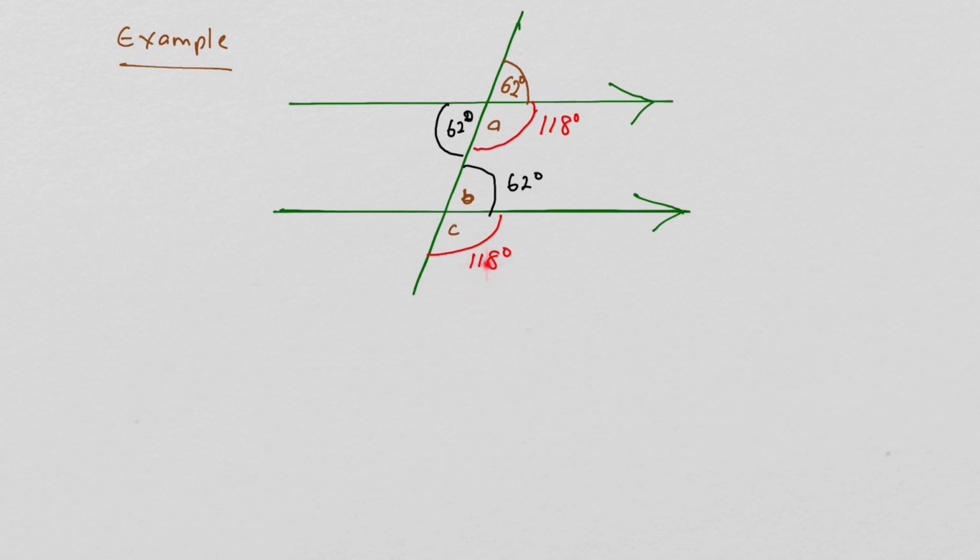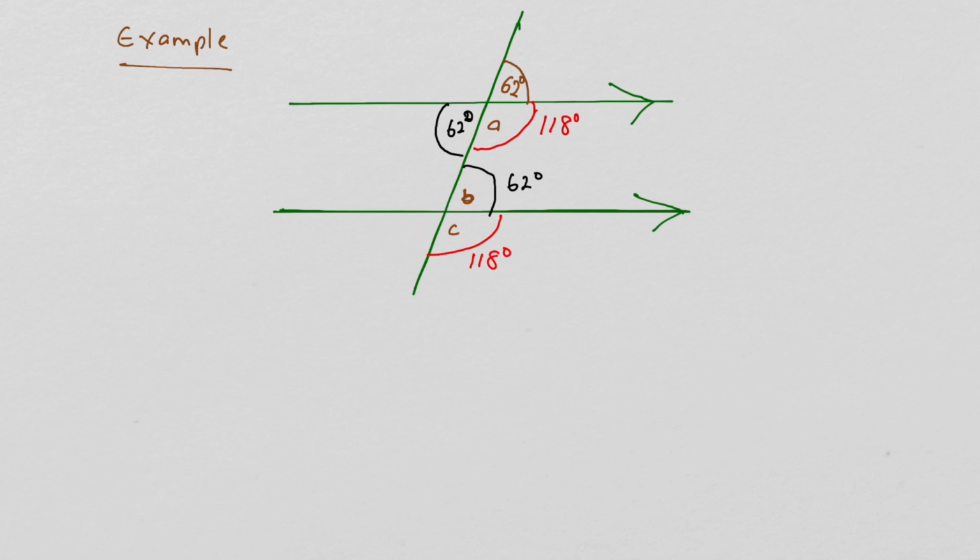So this angle is corresponding to that angle. Denominator is equal to denominator. If this is a fraction, this is a fraction, and that's a fraction, the denominator is equal to the denominator. They're called corresponding angles. Numerator will be equal to numerator. They're called corresponding angles. Vertically opposite, this will be 62 as well.